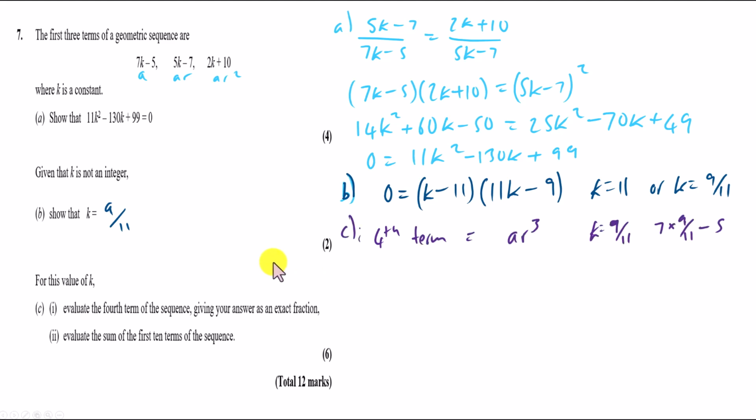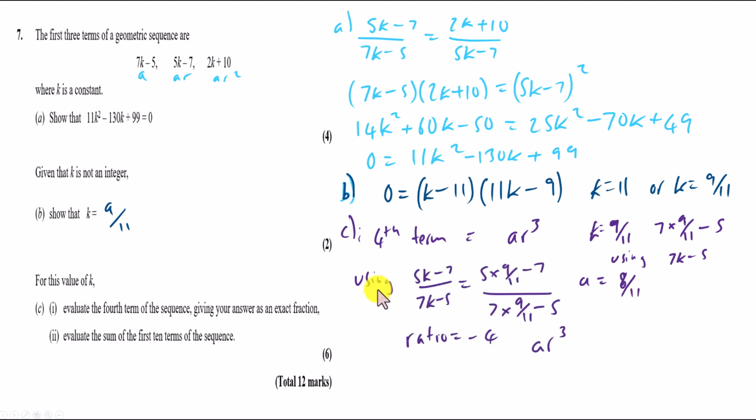Now for part C, the fourth term is AR cubed. We know k equals 9 over 11. So to find out A, we can just substitute a value for k into here. And this is what we're using. So A equals 8 over 11. And then we can use this term divided by this term, because AR divided by A will leave us with R. Substitute our values for k in, and we get R equals minus 4.